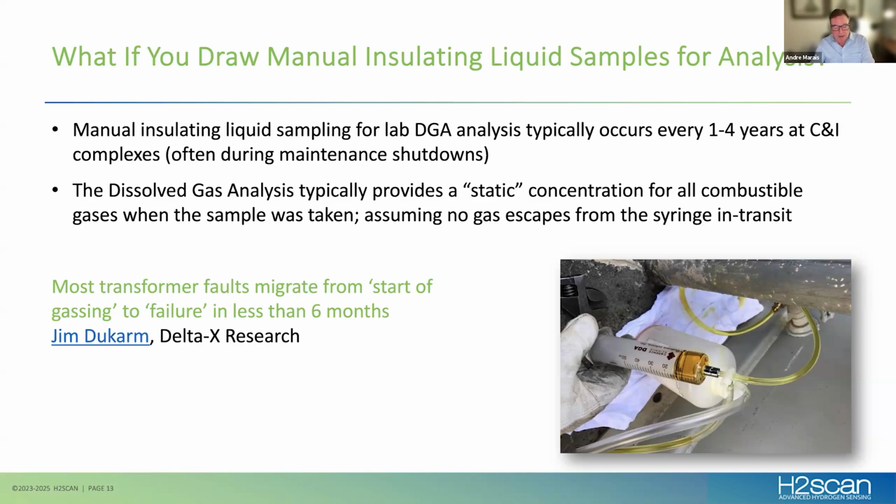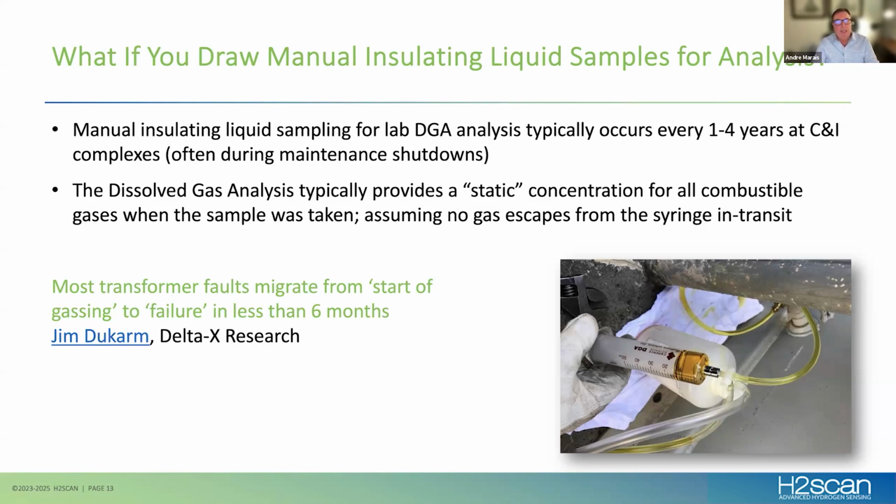Let me give you this thought to consider. Delta X Research is a company with a very significant database of performance data of transformer failure and gassing data. They use that same data in their algorithms to produce key metrics to help you understand what the transformer's behavior is likely to be.